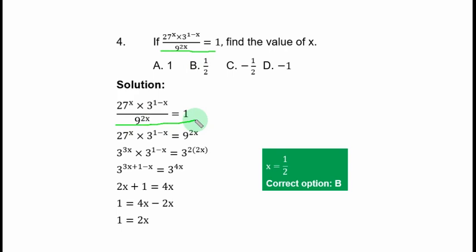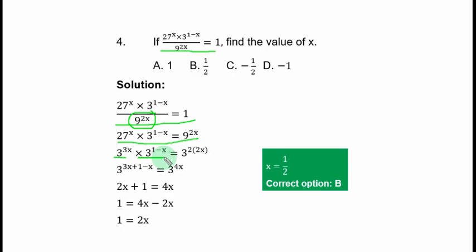In order to solve, you clear the fractions by multiplying through by 9 to the power of 2s, and you have it in this form. If you check all the bases, the lowest base is 3. You express 27 in base 3, that becomes 3 cubed to the power s, which is 3 to the power 3s.